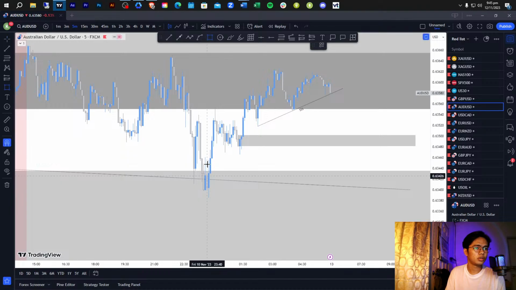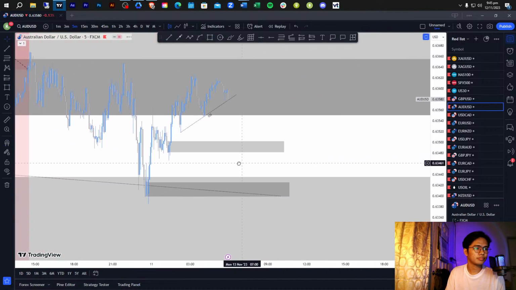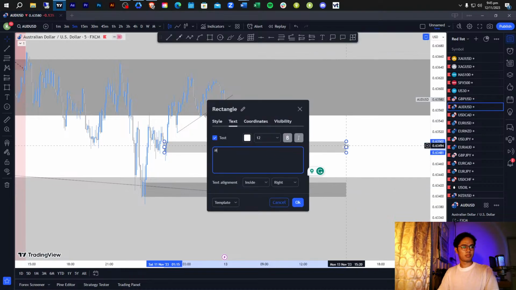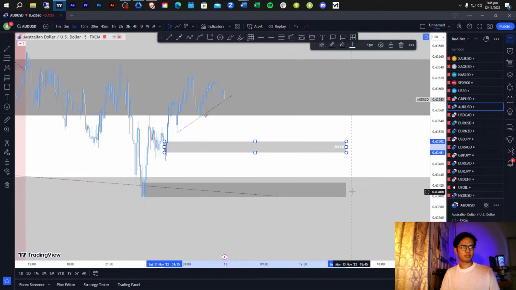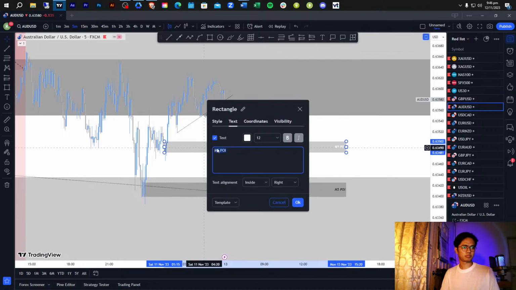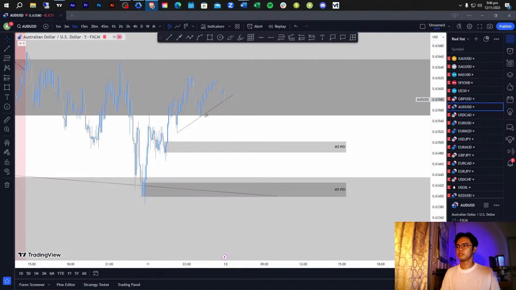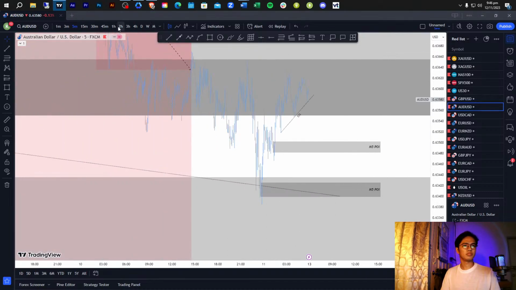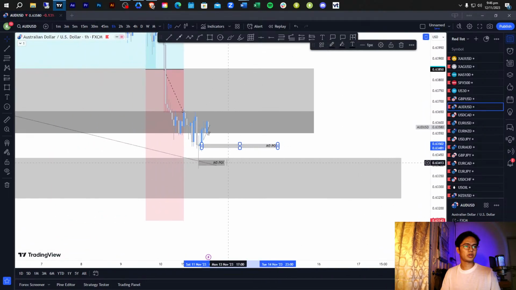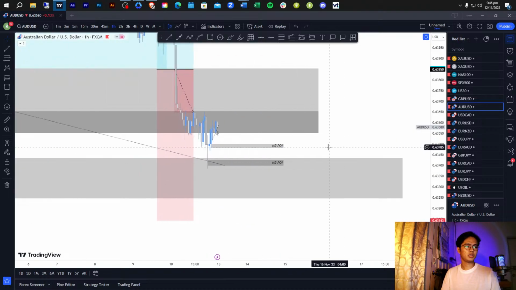And also this area. We're gonna wait for the price to mitigate this area.